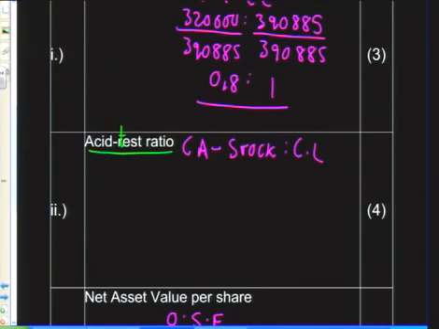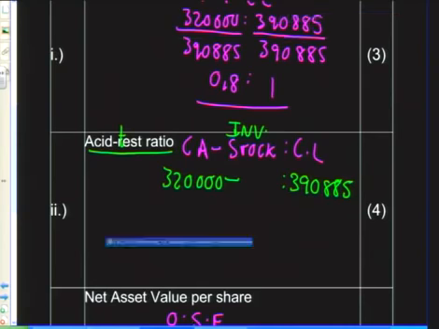And the ratio itself, I'm going to take my current assets minus stock, or minus inventory, compared to my current liabilities. Already, from the previous question, I know my current liability is 390,885. My current assets were 320,000. I've got to now pick up my inventory amount from the balance sheet, so let's do that.